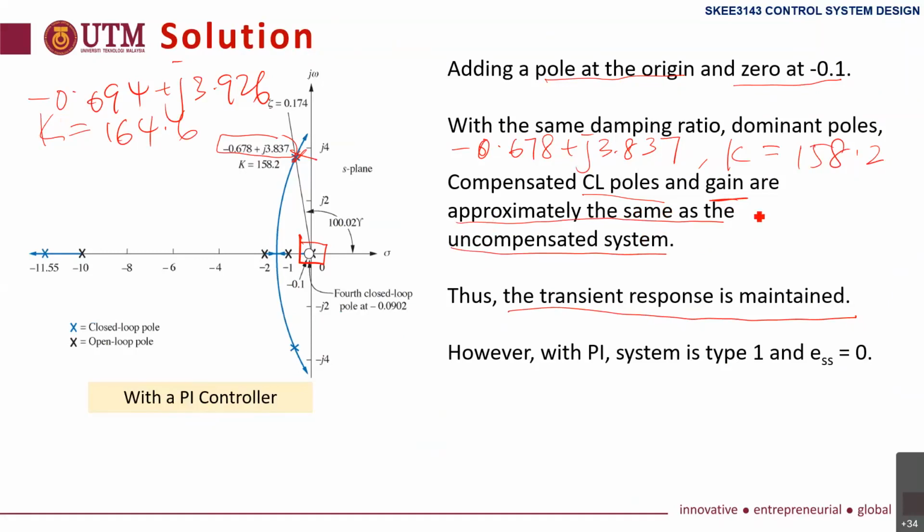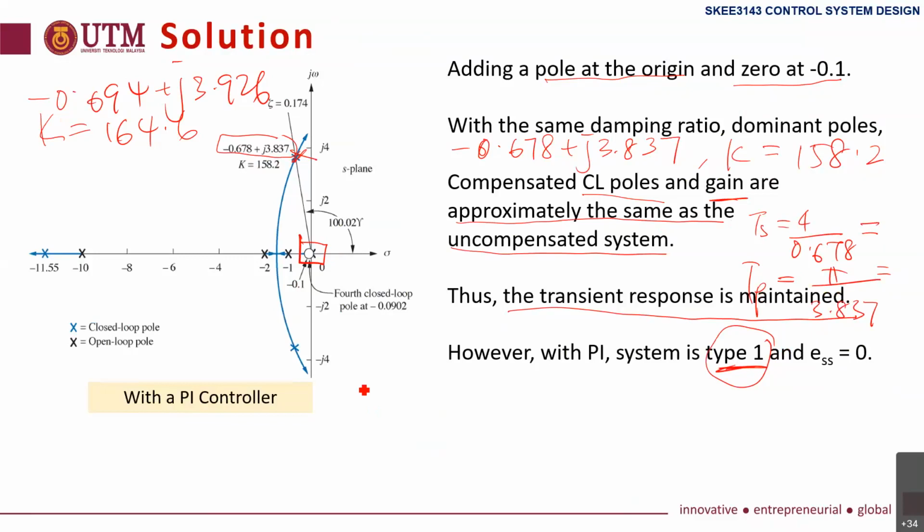We can calculate Ts as 4/0.678. It will be quite similar to the previous one. We can calculate Tp also, pi/3.837, which will also be quite similar. But the good thing is that the system now becomes type 1 because we add a pole at the origin.